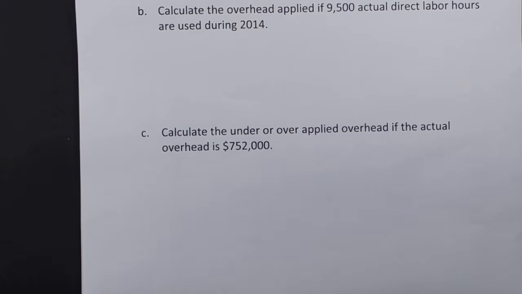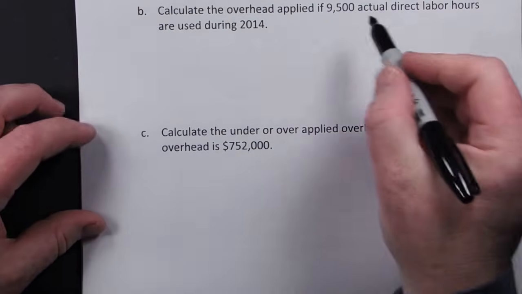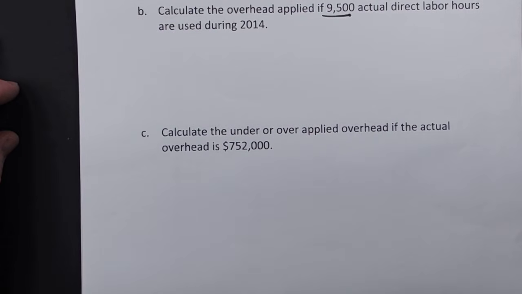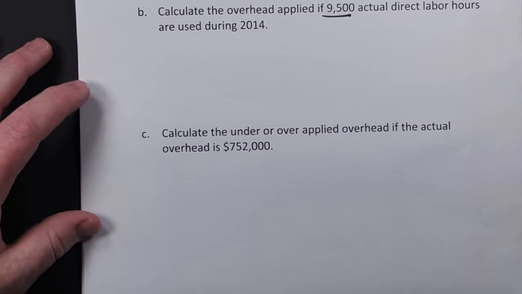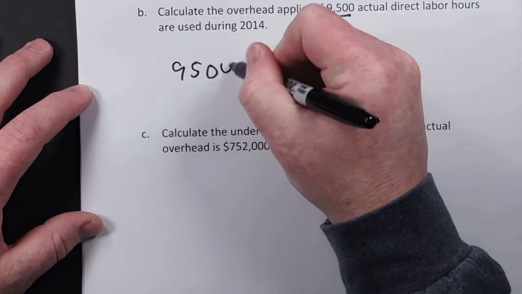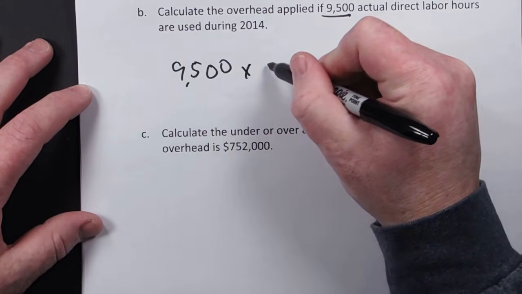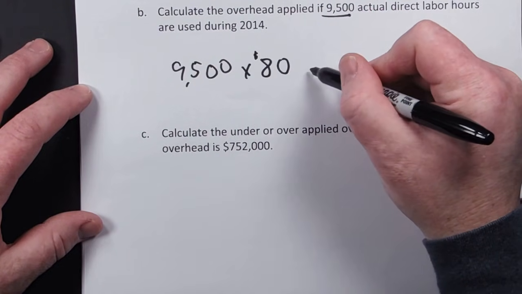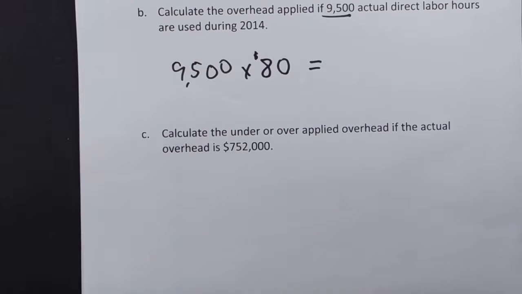Okay, so now we're going to apply our overhead using our predetermined rate. We're using 9,500 actual direct labor hours times the $80 per hour to give us the amount of overhead we're going to apply to whatever the production is.